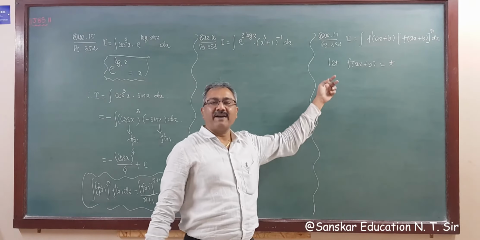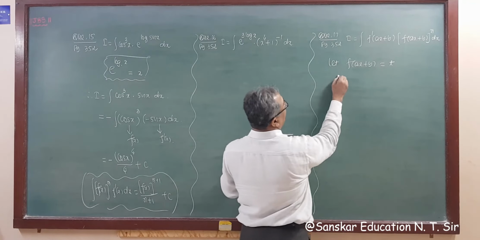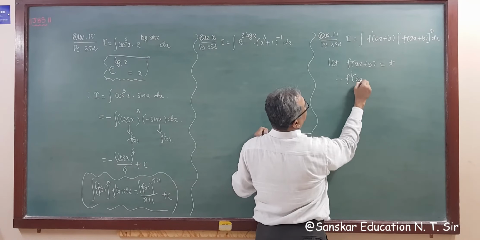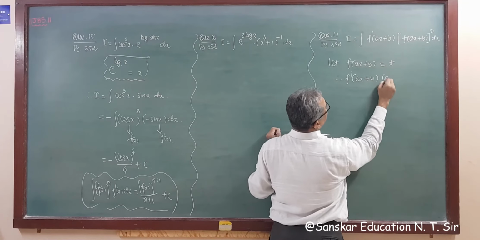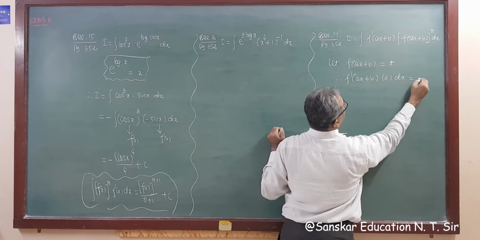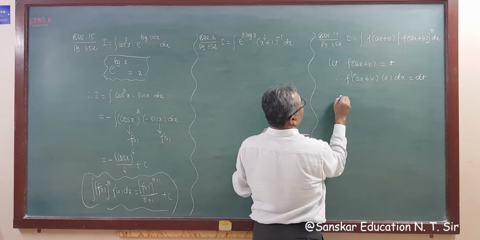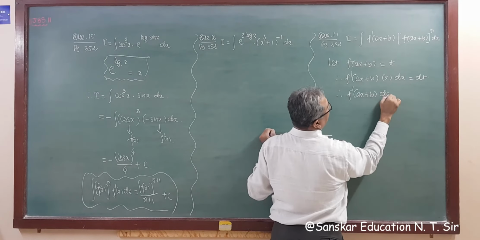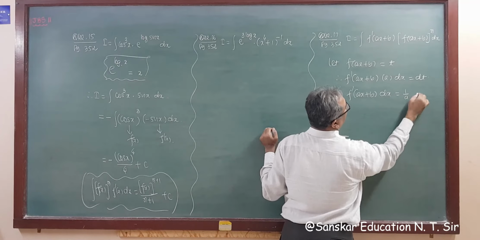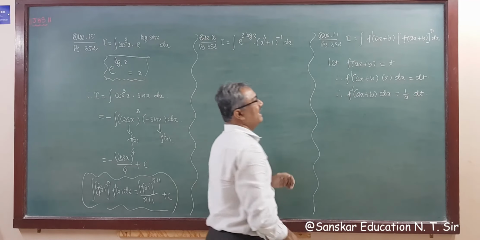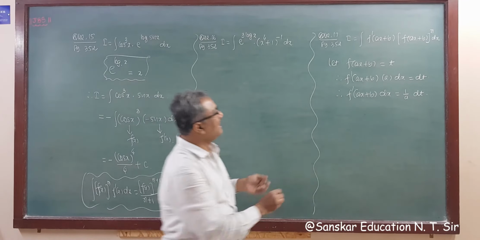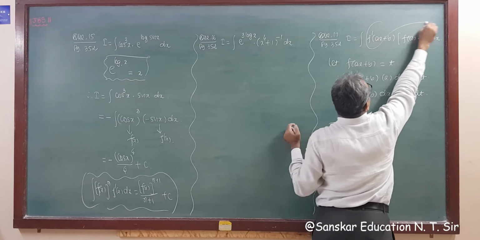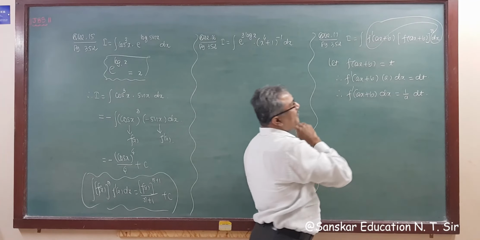The derivative of f bracket is f dash bracket, and derivative of the bracket is a, and dx is dt. That is f dash x dx is equal to 1 upon a dt.